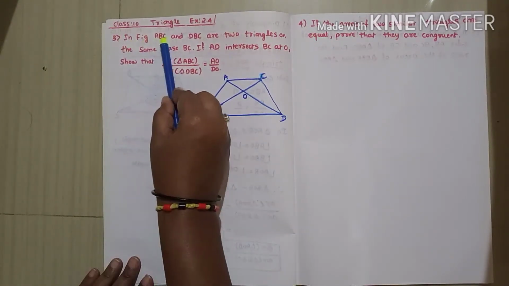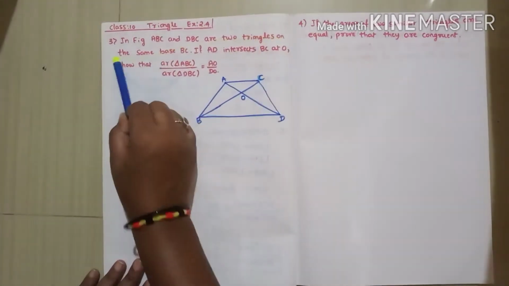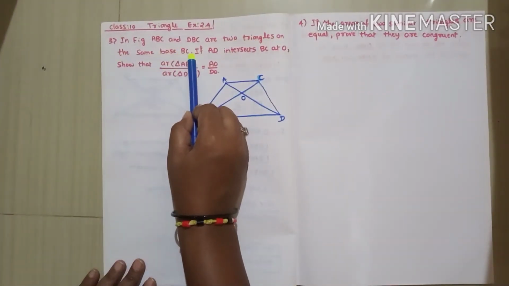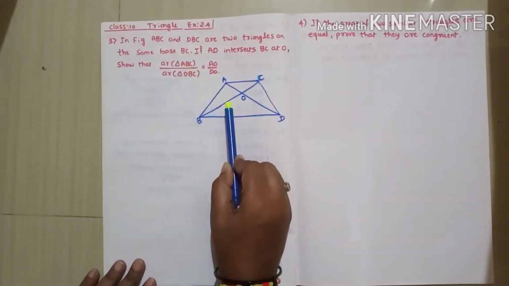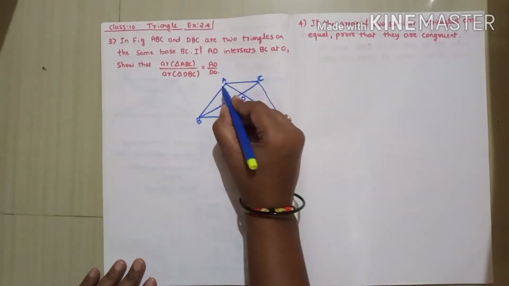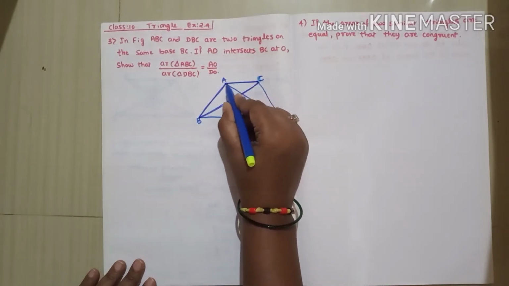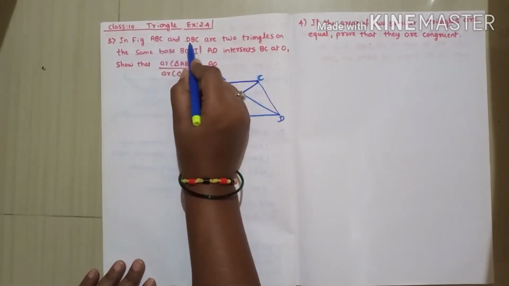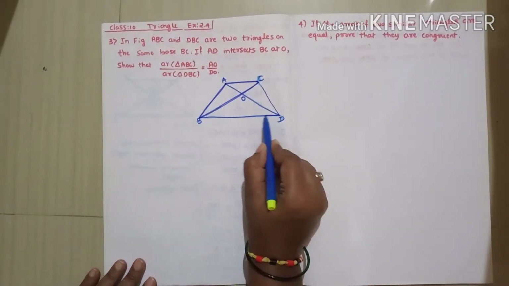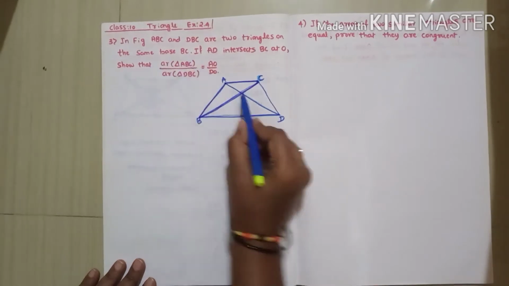In the figure, ABC and DBC are two triangles on the same base BC. Here they have given the diagram. This triangle ABC and DBC are on the same base BC.